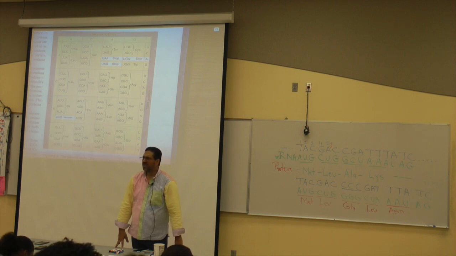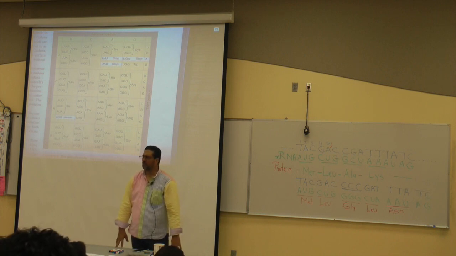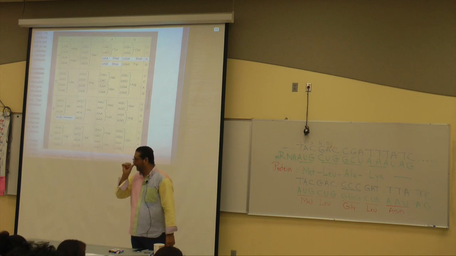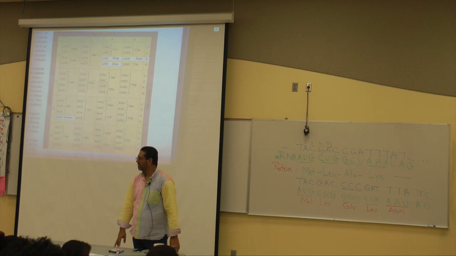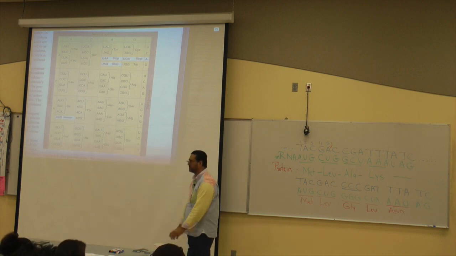We are not going into that detail. I'm going to give you one strand of DNA, you have to give me the other one. We are not going into Okazaki fragments and leading strand and lagging strand.